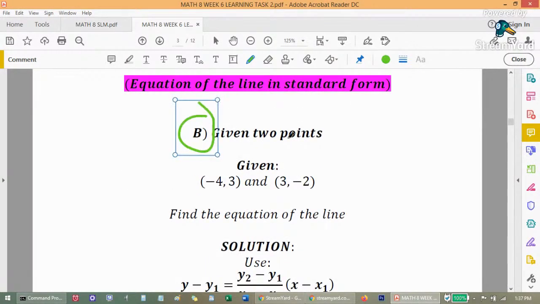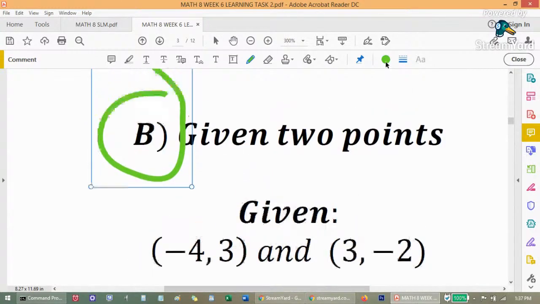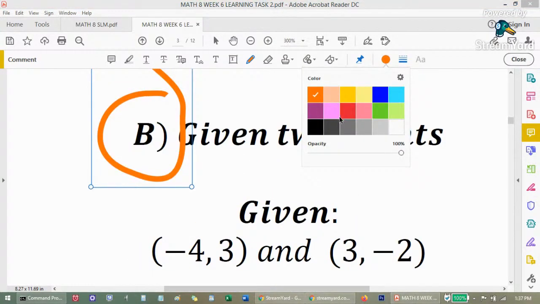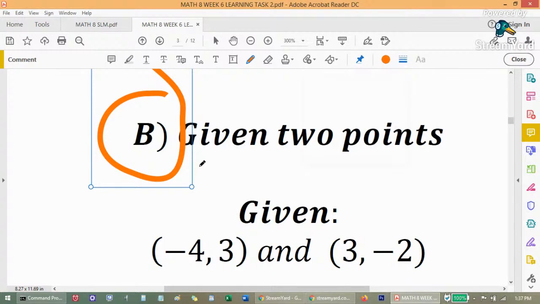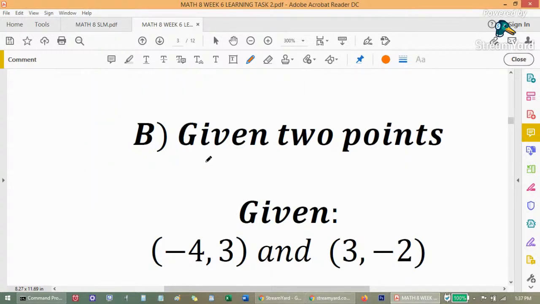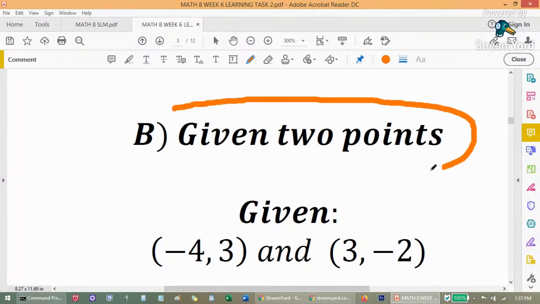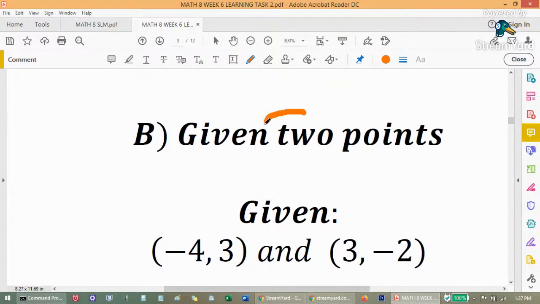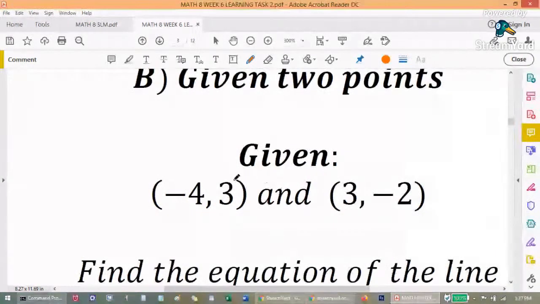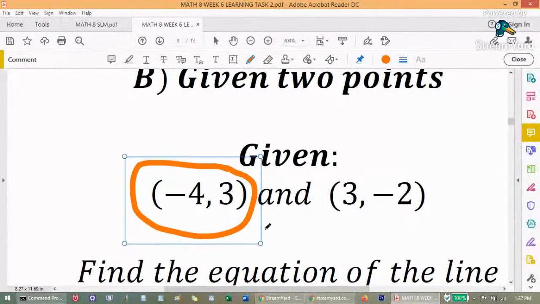Letter B. What is the equation of the line kapag binigyan tayo ng given na 2 points? So, dalawang point. So, for example, meron tayong negative 4 and 3 at saka 3 and negative 2.